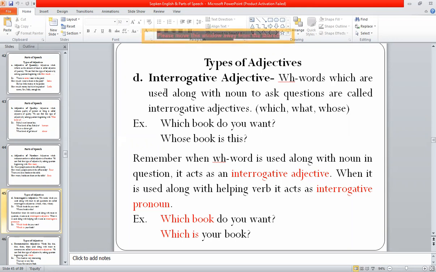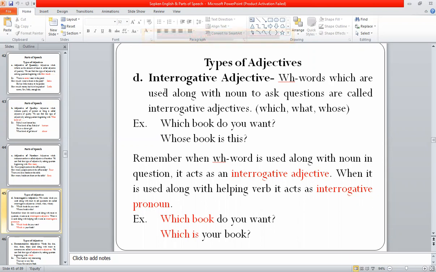Remember, when a WH word is used along with a noun in a question, it acts as an interrogative adjective. When it is used along with the helping verb, it acts as an interrogative pronoun. This is the short but very important difference between interrogative adjective and interrogative pronoun.